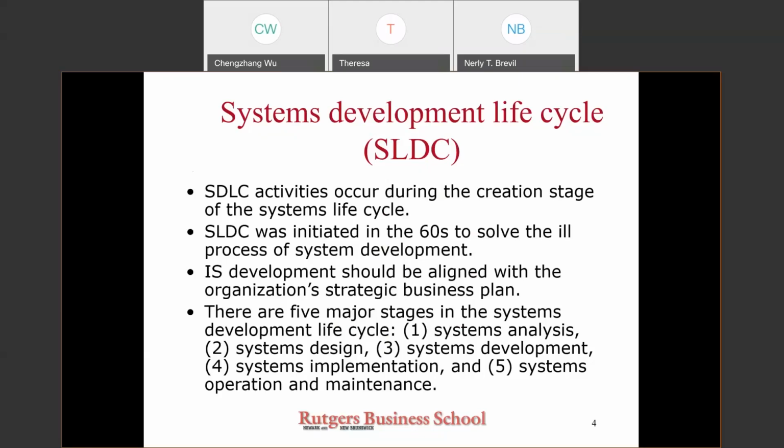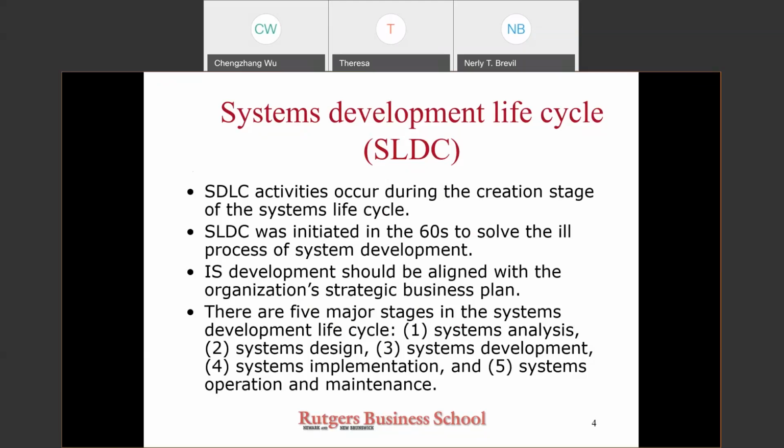The 5 stages are sequential, with the output from each stage feeding into the next stage. But it is also possible that findings from one stage can be fed back to the earlier stage to refine the output from the previous stage.